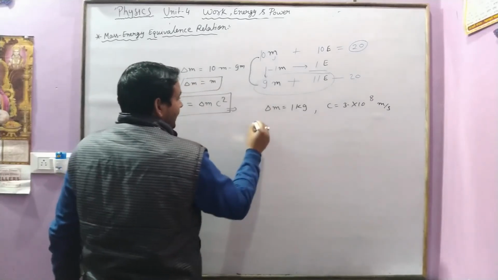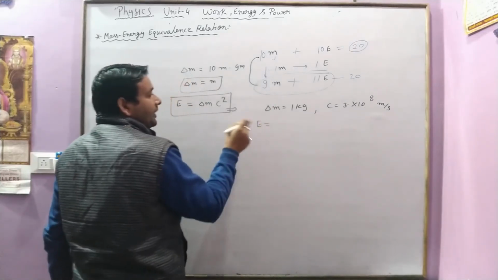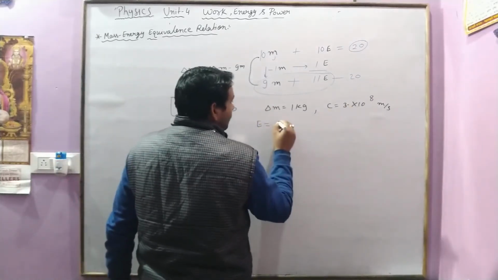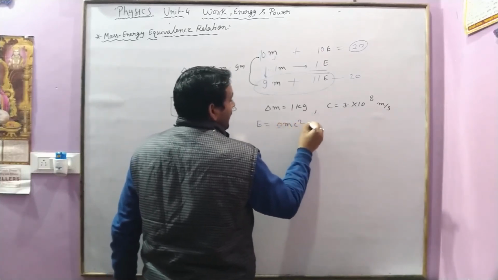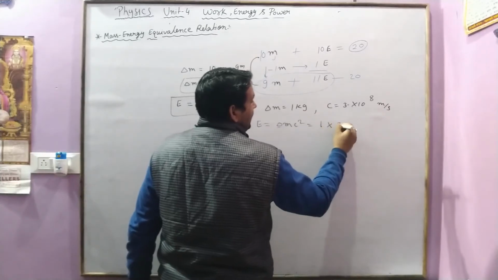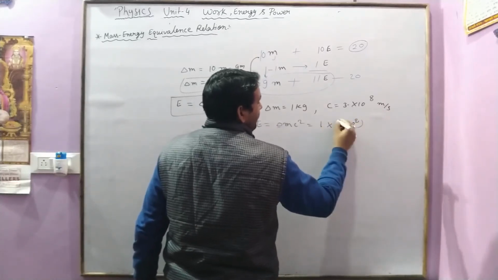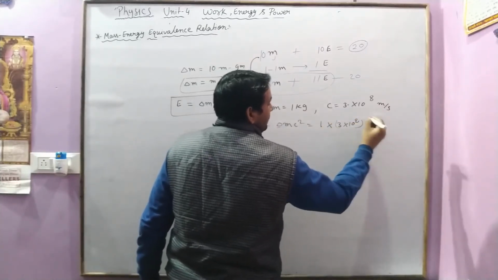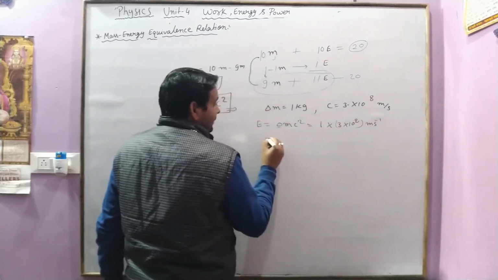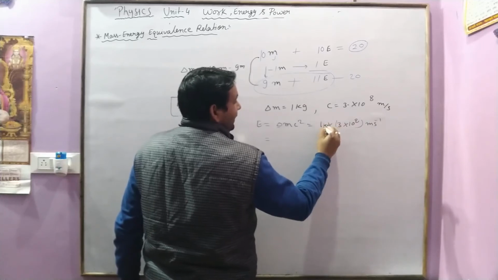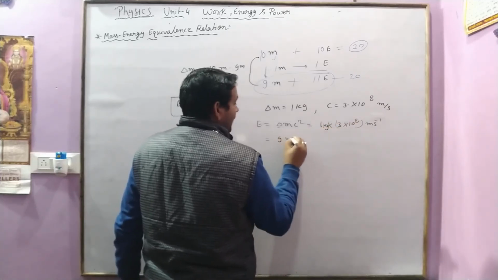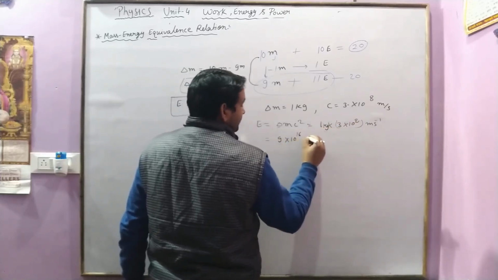Therefore, the energy released by 1 kg of mass is equal to Δmc², that is 1 into (3 into 10 to the power 8 meter per second) squared, which is 9 into 10 to the power 16 joule.